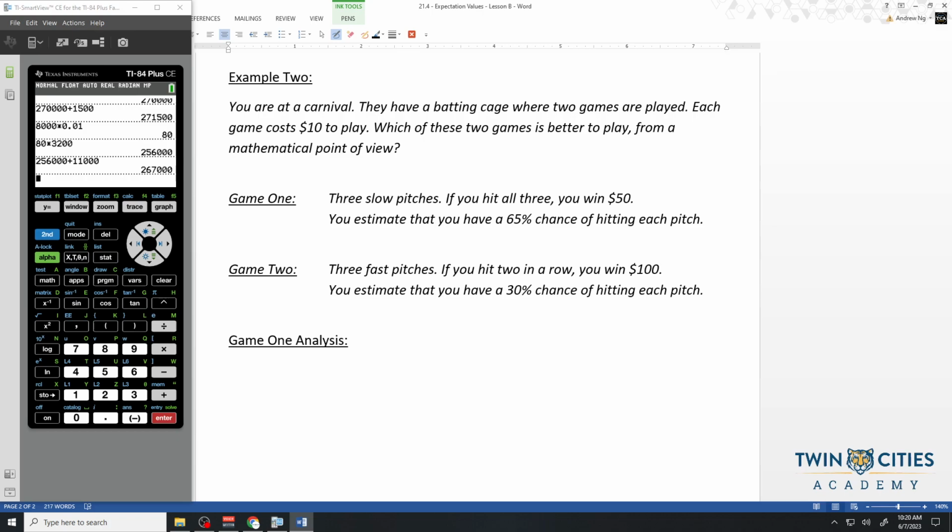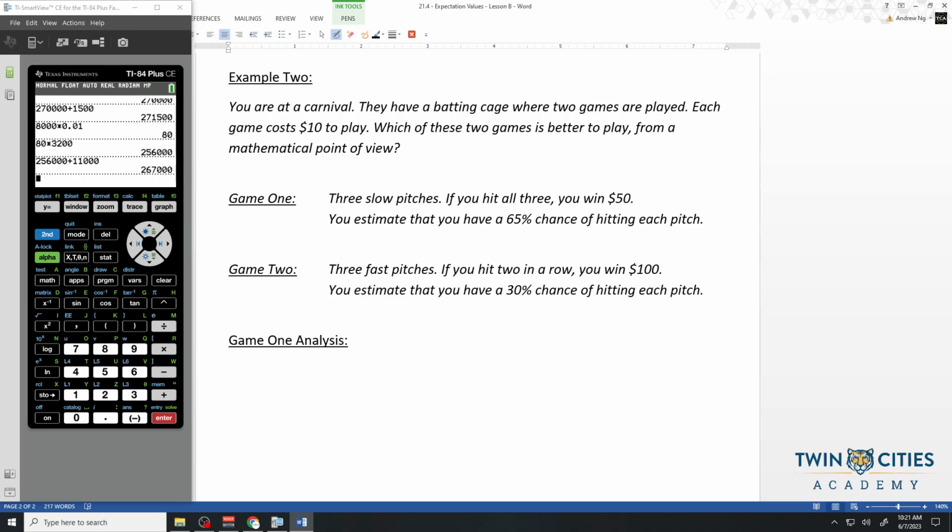The second game is 3 fast pitches. If you hit 2 in a row, you win $100. Because of how fast these are, though, you estimate that you've got maybe a 30% chance of hitting each pitch. So let's analyze each of these games individually, starting with the slow pitch game.